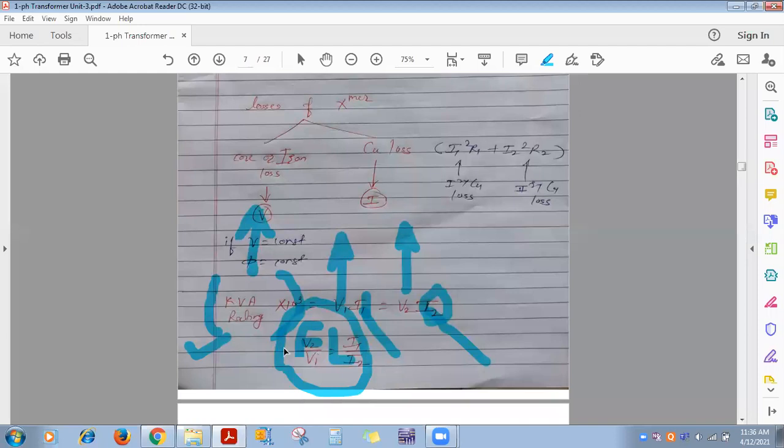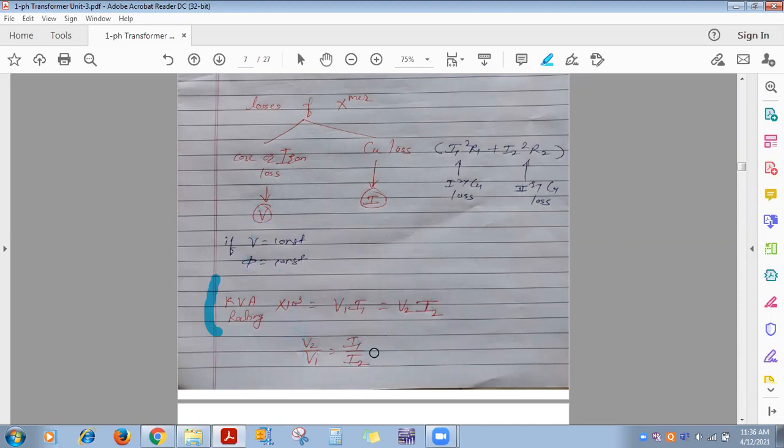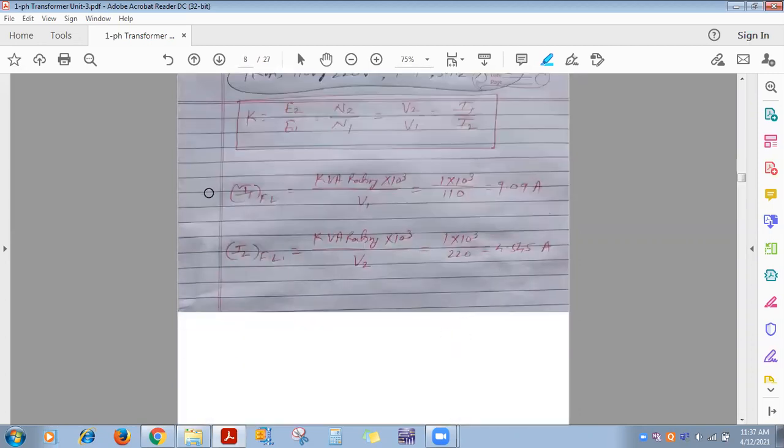Then at that time I1, I2 will be different. They will not be the full load values of I1, I2. So the KVA rating is also different. Using the nameplate KVA rating and V1, V2 given in the specification, you can calculate I1 full load and I2 full load. This one formula we have seen. But as load changes, I1, I2 change, so for that particular load, the KVA rating will be different.